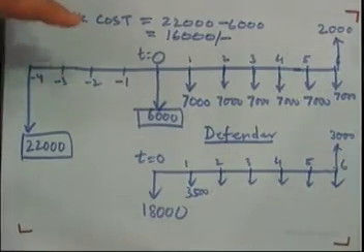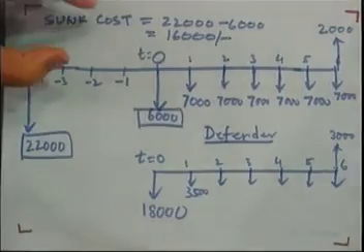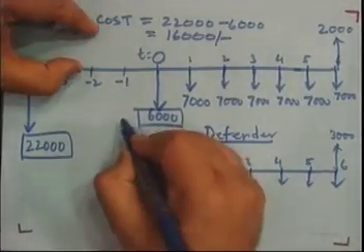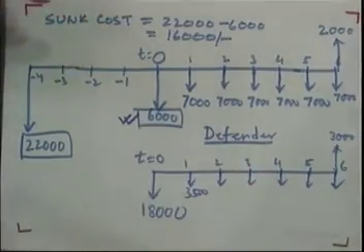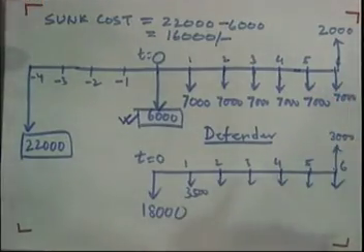This 16,000 value we will not be considering anywhere in our analysis, because it would be unfair to the Challenger. So, we will be more concerned about this 6,000, that is the market value of the existing equipment at time t equal to 0.